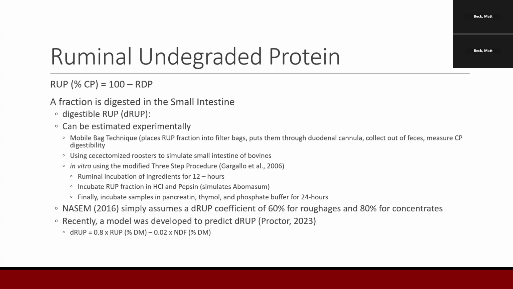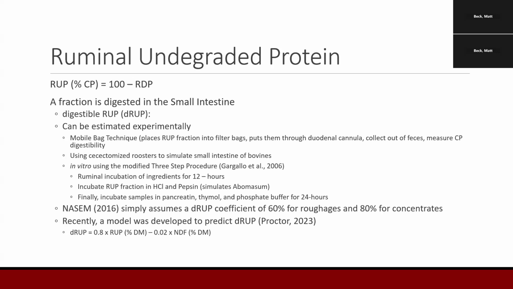That simulates the true stomach digestion of those samples. Then you take those samples and incubate them in pancreatin, thymol, and then a phosphate buffer for 24 hours, and you can measure how much of that RUP was digested. So that's an in vitro technique to simulate small intestine digestion.